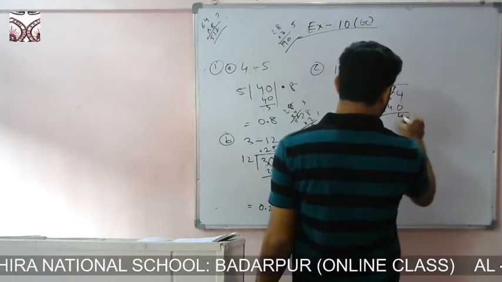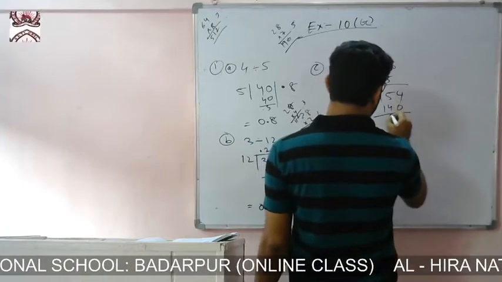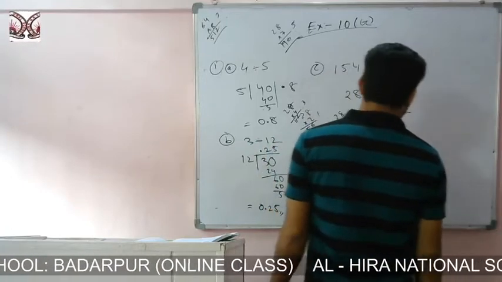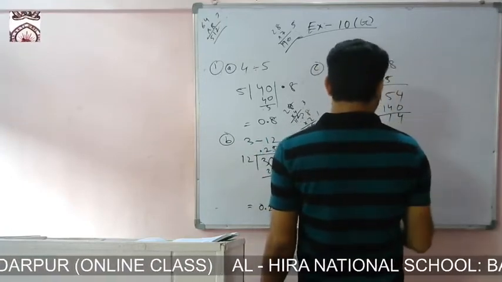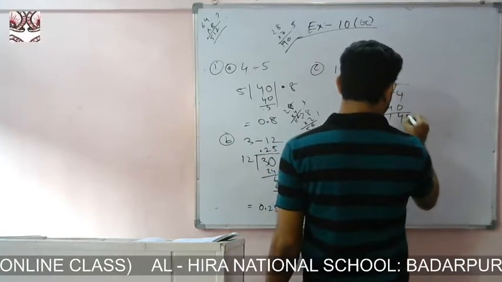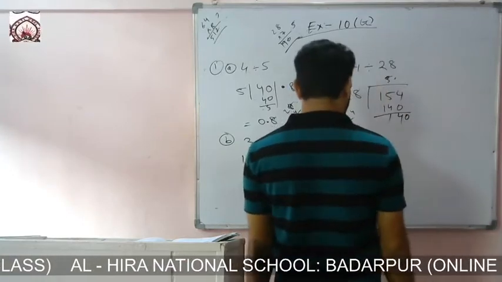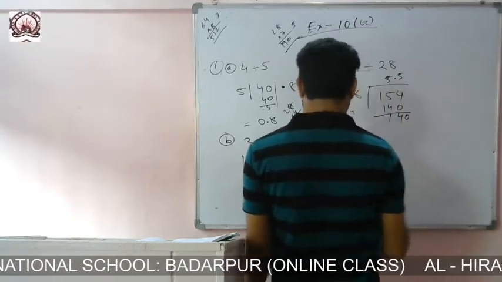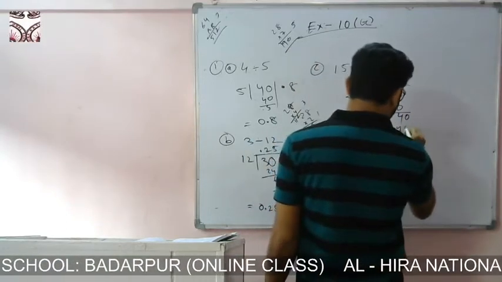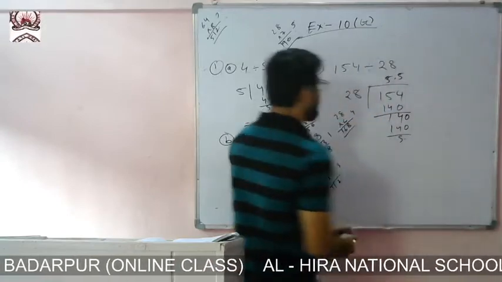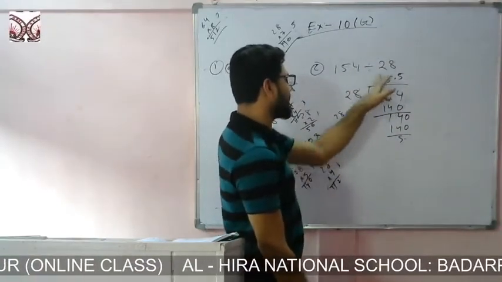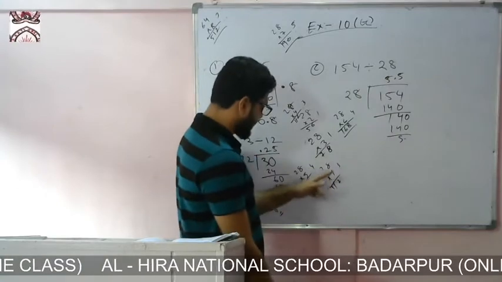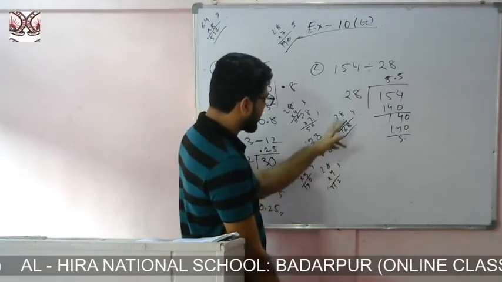So here remain what? 4. Then 5 minus 4 what? 1. So 140. So we'll put what? Point. Then 140. Then let us check for 140. It will become again what? 5. Okay, you see 28 5s are 140 and 28 6s, we are getting what? 168.